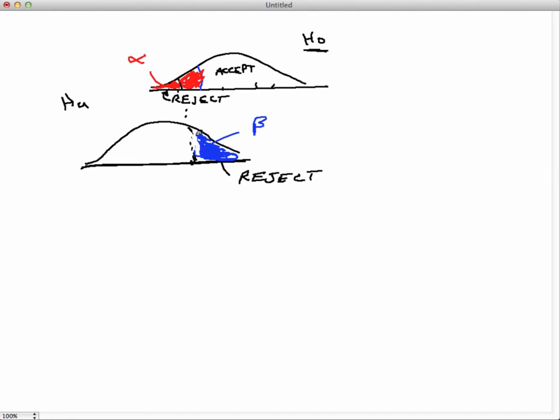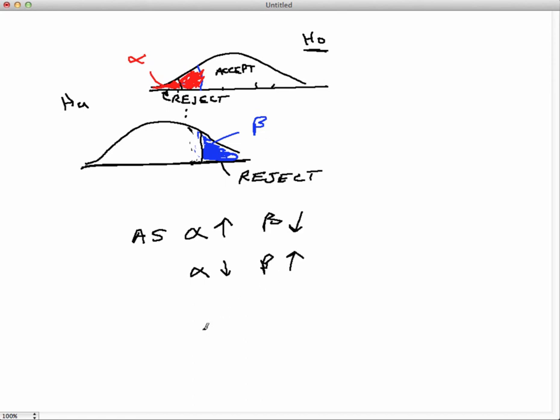What that did is that moved the line over to the right some, and that ended up making beta smaller, didn't it? By increasing alpha, I make beta smaller. By decreasing alpha, I make beta bigger. So the punchline is this: as alpha gets bigger, beta gets smaller. As alpha gets smaller, beta gets bigger. That's the relationship between alpha and beta.